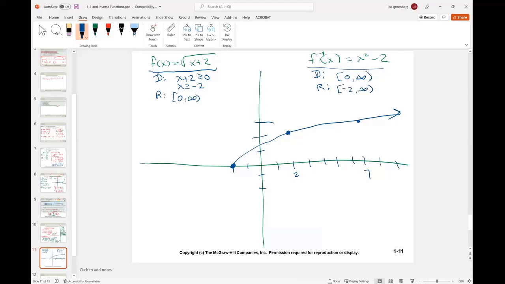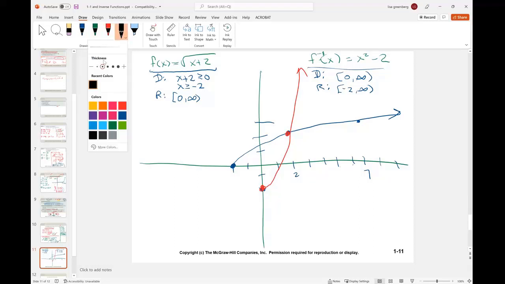Okay, good. So my domain starts at 0. When x is 0, I start at -2. When x is 2, that'll be 4 minus 2 is 2. So here, let me do it in a different color. That could go there. And so my parabola is going to basically look like this.